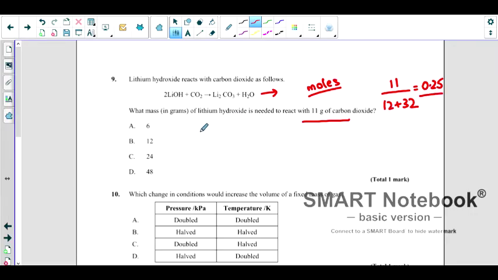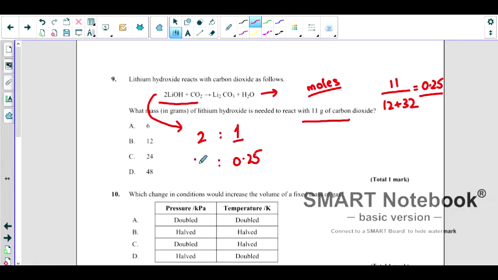It means what? The relationship is 2:1, because from the equation we get that 2 moles of lithium hydroxide is reacting with 1 mole of CO2. But you don't have 1 mole. You have how much? 0.25 moles.